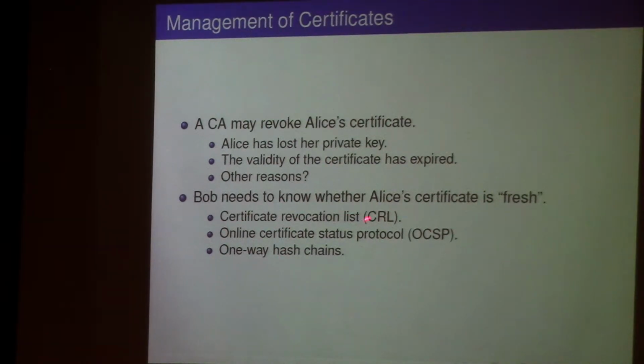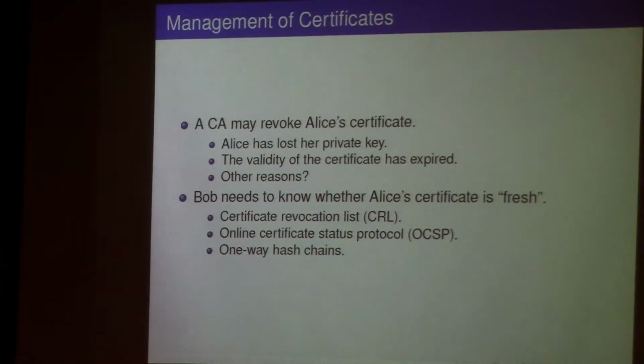This is the certificate revocation list. The CAs maintain what is called a certificate revocation list. This is the list of all certificates that the CA has revoked. Now that has lots of problems. Designing a proper certificate revocation list is a problem, and there is a solution to it, the online certificate status protocol.